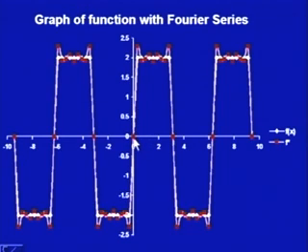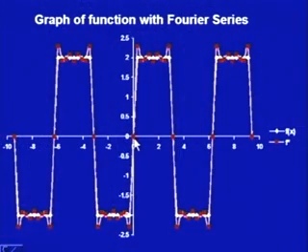So, we are saying that as n is increasing, at the continuous points the sum of the Fourier series is reaching towards the value of the function, while at a discontinuity it comes to the average of these two limit points.